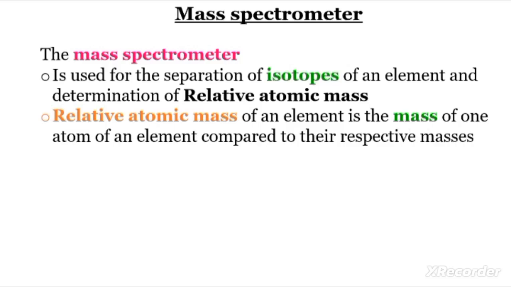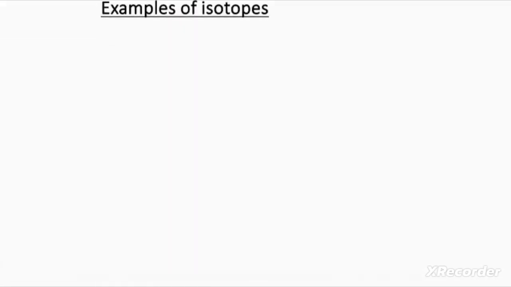The relative atomic mass of an element is the mass of one atom of an element compared to carbon 12. So this is the relative molecular mass. The relative molecular mass of an element is the mass of one atom.